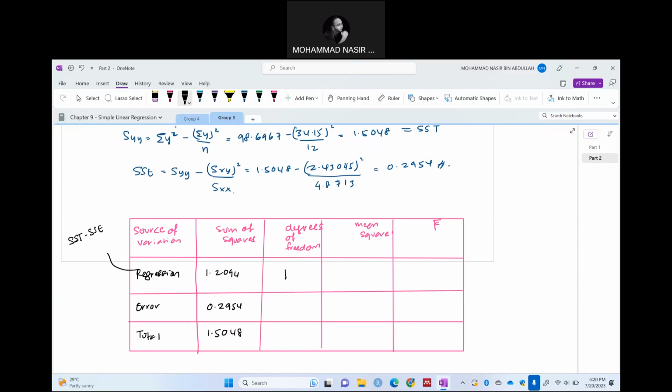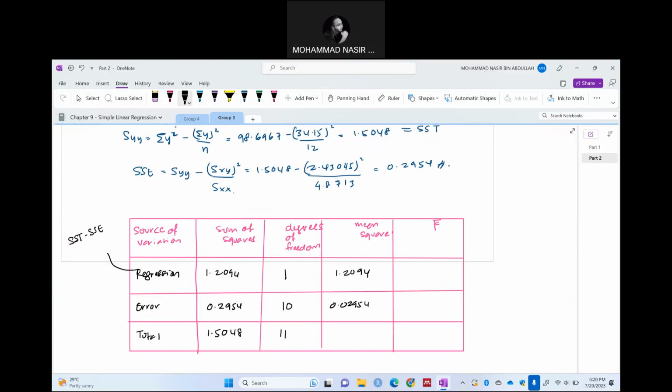The degree of freedom for total is n minus 1, so 12 minus 1 is equal to 11. For error, 11 minus 1 equals 10, or you can simply get 12 minus 2. To get the mean square, we divide 1.2094 by 1, which is 1.2094. For error it is 0.02954.